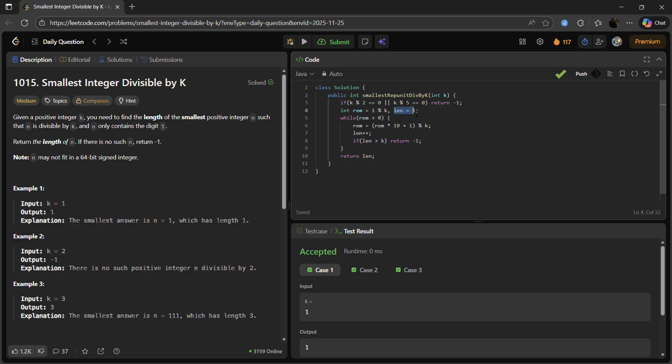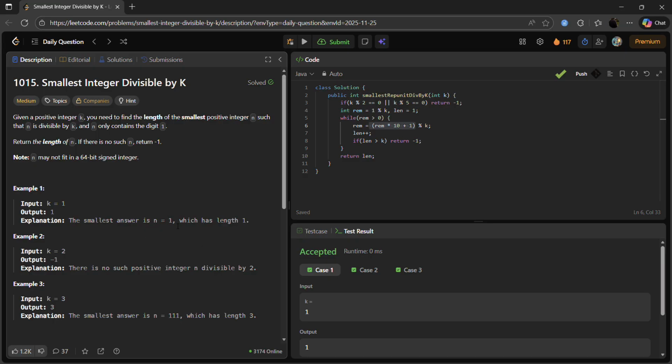And length is initially 1, because we have n equal to 1. If rem is not equal to 0, we go again into the loop and find the next combination. Let's say we have 1, we multiply 1 by 10 and add 1, which is 11.